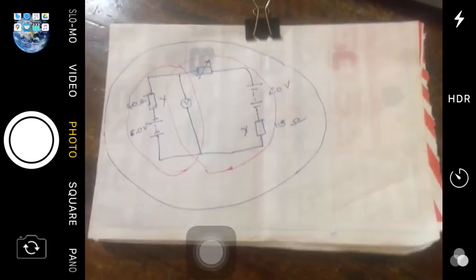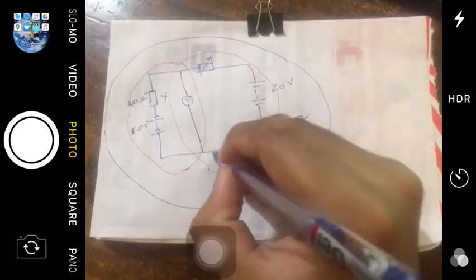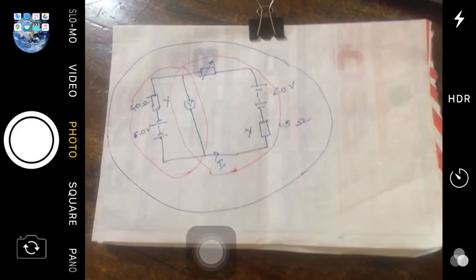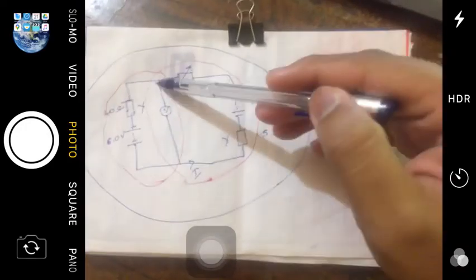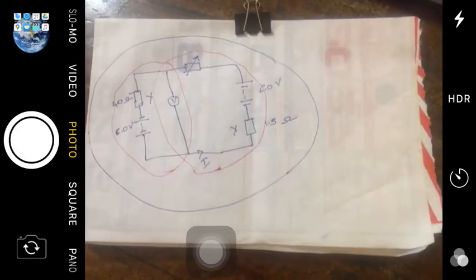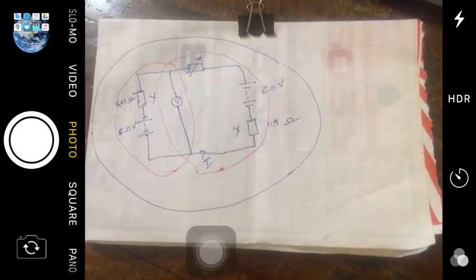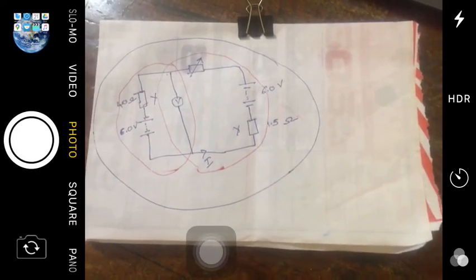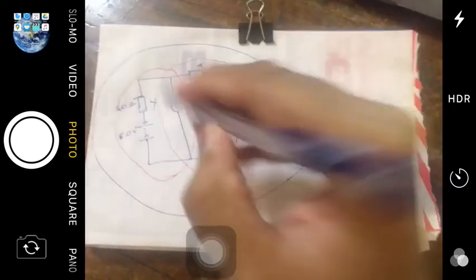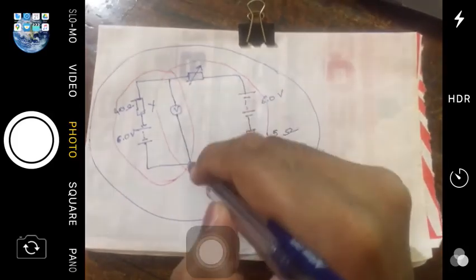So first you have to calculate I, and one of the most important things in the data given is that the potential difference between these 2 points is 0. So if you want to make use of that fact, then you need a loop which has this voltmeter.